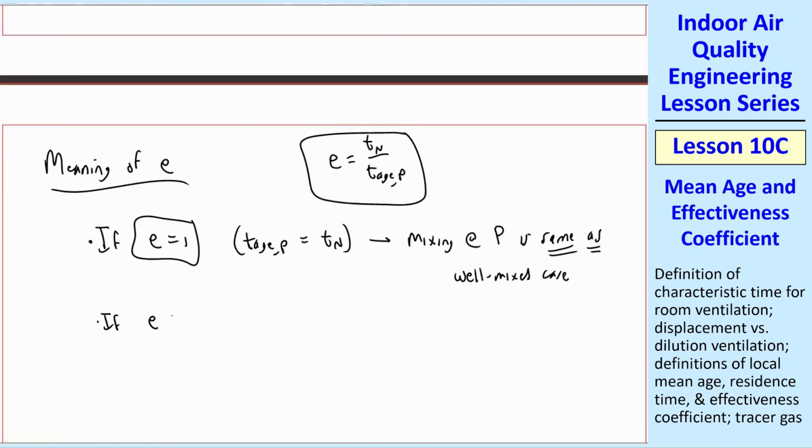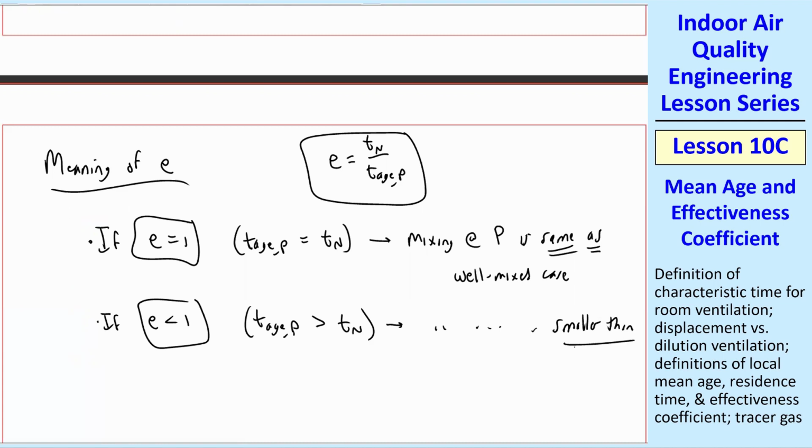If E is less than 1, which means THP is greater than Tn. Remember, THP is on the denominator, so that means it's bigger than Tn on the numerator. And that means that mixing at P is not the same as, but smaller than the well-mixed case, or in other words, it's a slow response time.